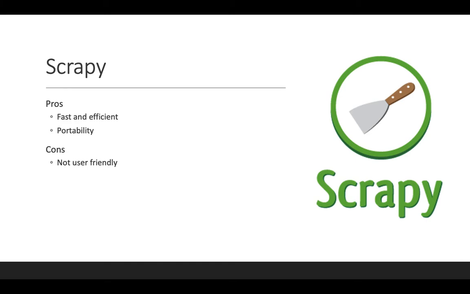For instance, it does not have to wait for a response when handling multiple requests, and that is actually a very positive point because it runs faster right out of the box, and that is one of the major reasons if you want to use Scrapy. It's fast and efficient.